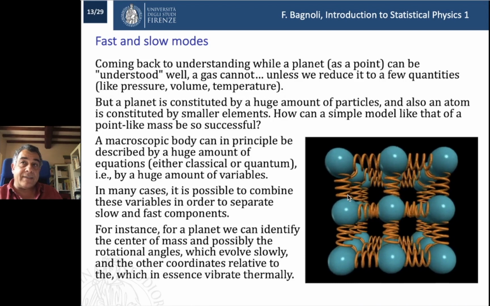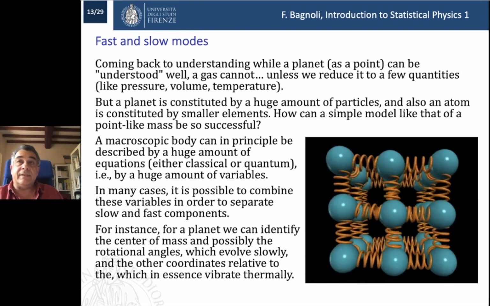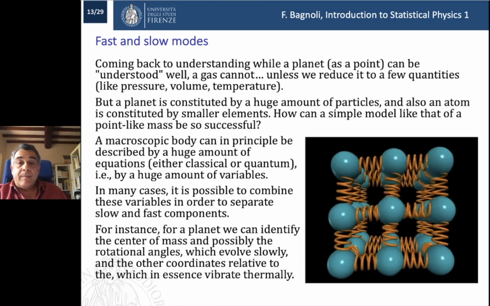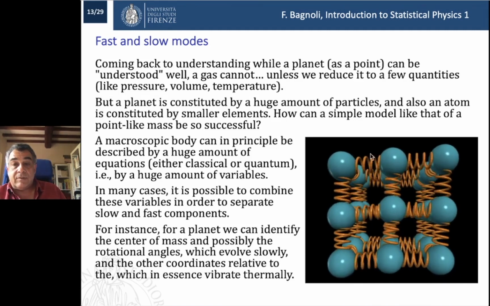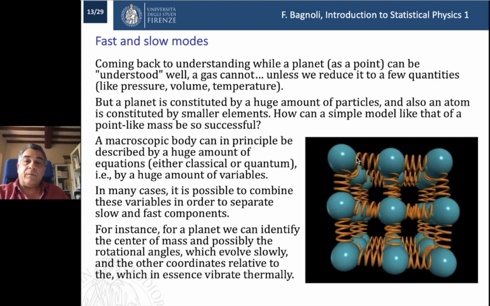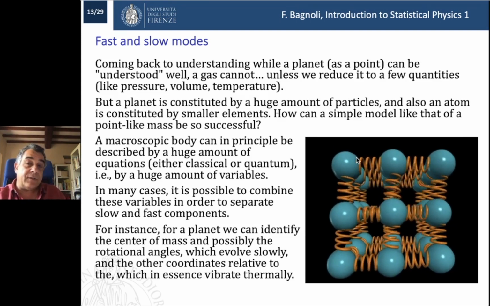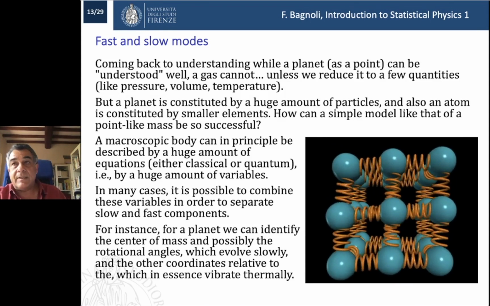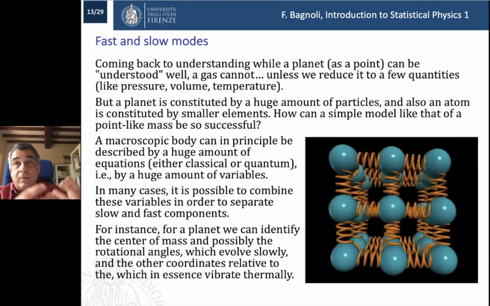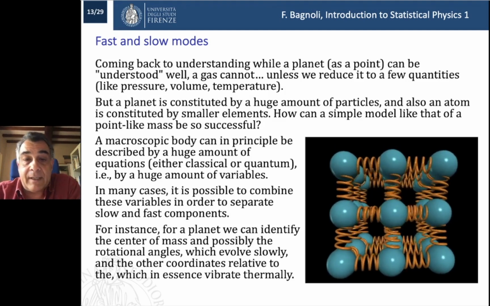The slow ones, for instance the center of mass of the planet, plus, say, vibrations or oscillation or chaotic motion, but which are much faster. And so if we average enough this system, we only see the slow motion remain.